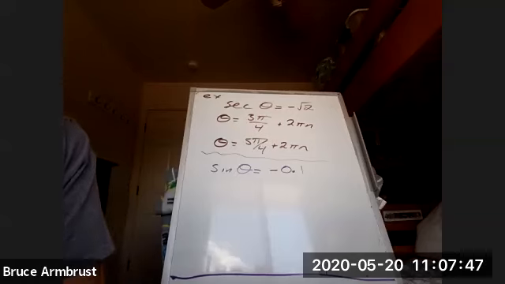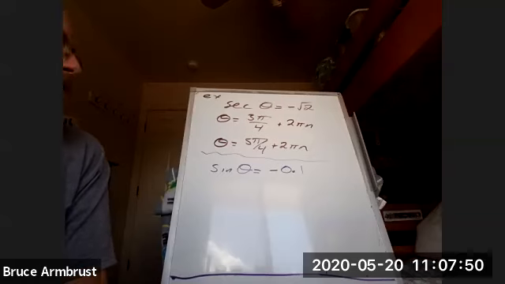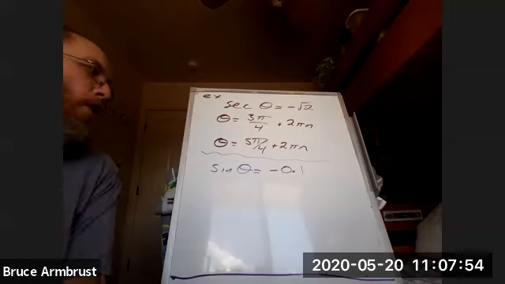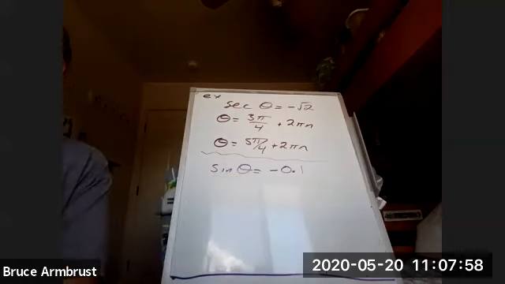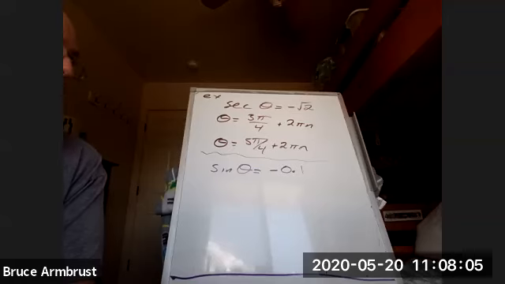All right, so if we've got sine of theta equals negative 0.1, it's the same question. The question is, what angle gives us a sine of minus 0.1? But that's not on our list. You go down our chart, our special angles, there isn't one that does this.